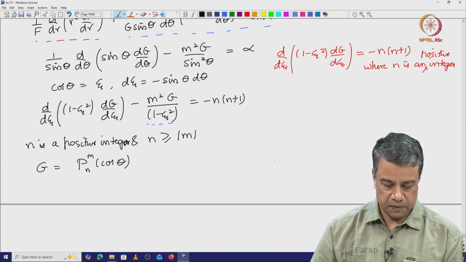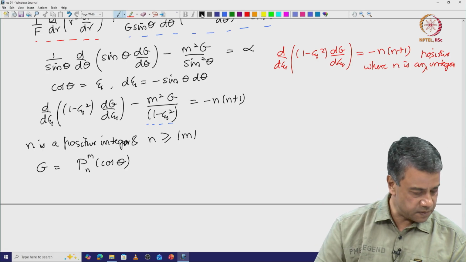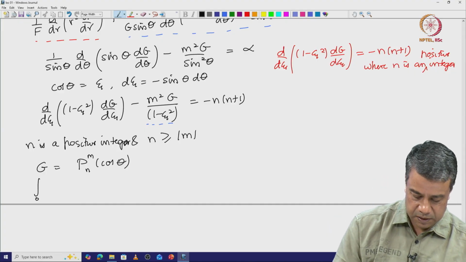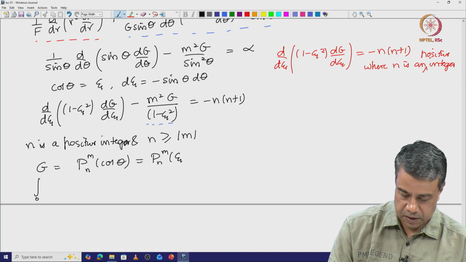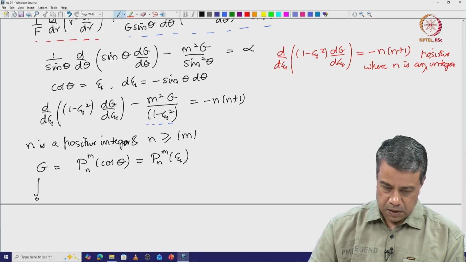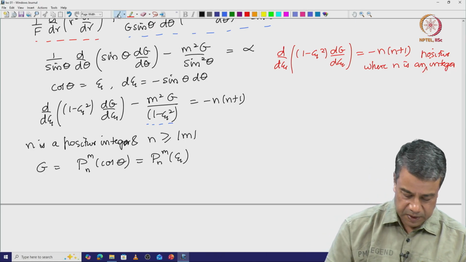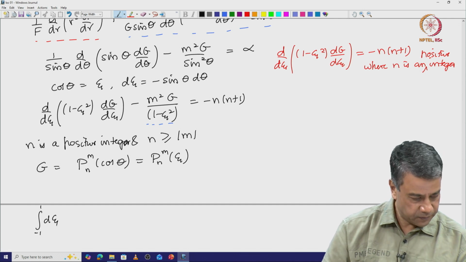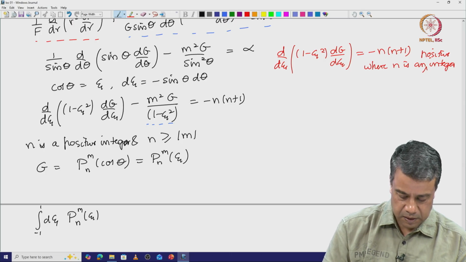For this g, which is P n m of cos theta, the orthogonality relation expressed in terms of psi is the integral from minus 1 to 1 d psi of P n m of psi P n prime m of psi.